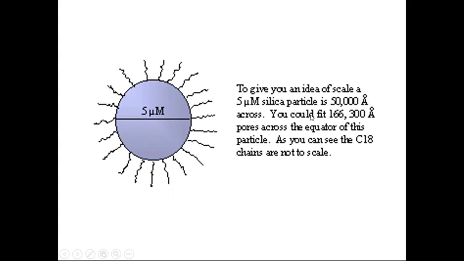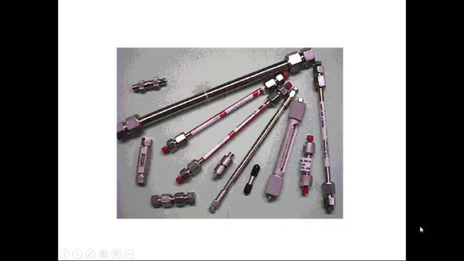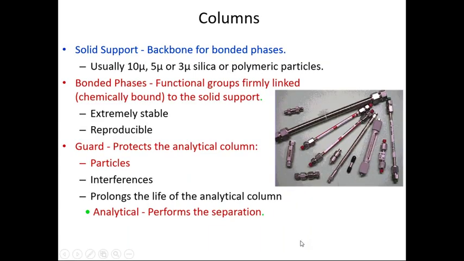And here you can fit 166,300 angstrom pores across the equator of this particle. So here are the different columns that you can see. Columns vary in length, in diameter, and in the particle size and pore size.